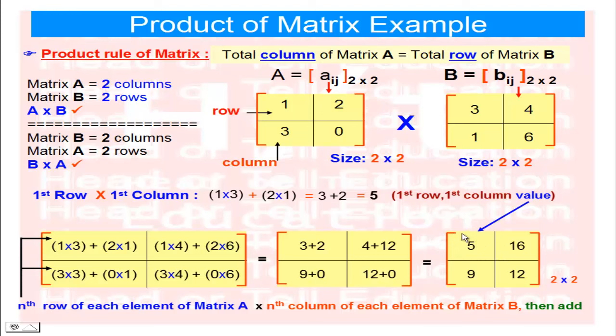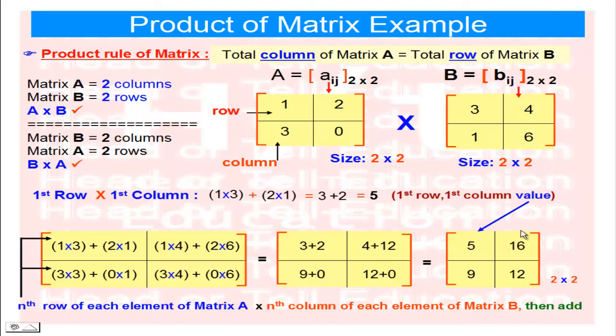Now the same for the first row second column. 1 is multiplied by 4, then plus 2 is multiplied by 6. After that we get 4 plus 12, and the first row second column value is 16.